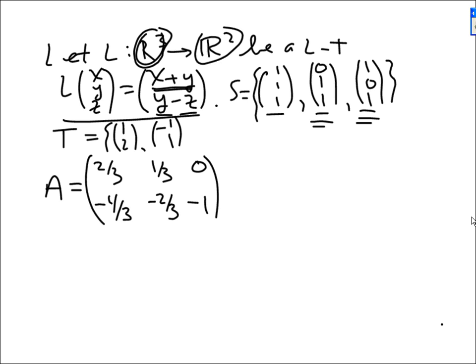Let's do another problem. Remember, every linear transformation has a matrix associated with it, such that L of x is A times x.